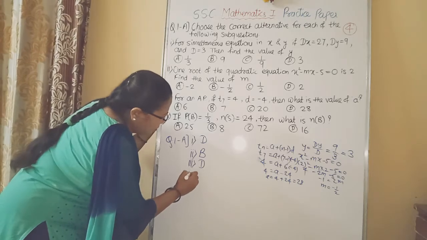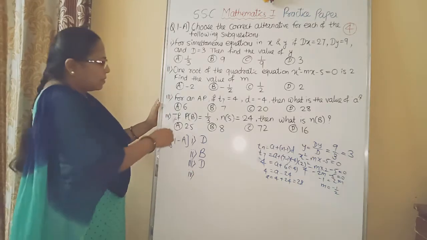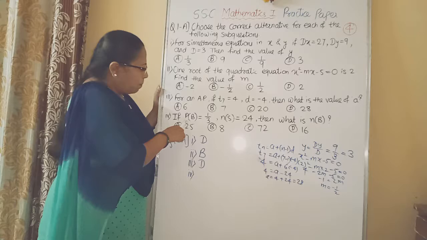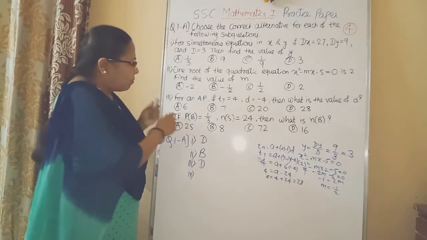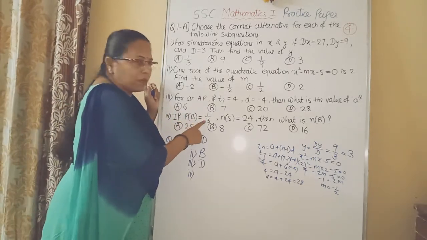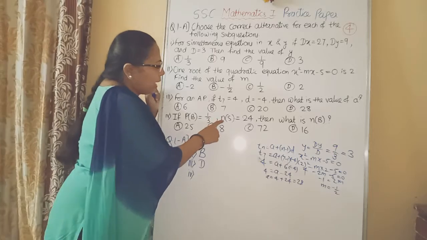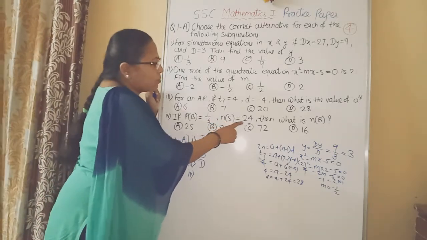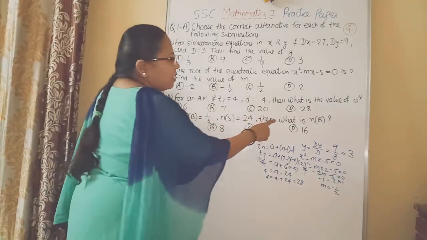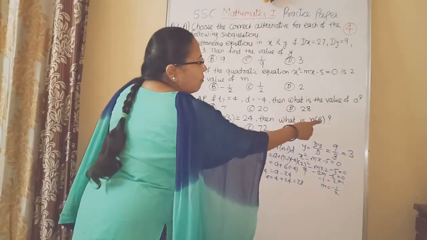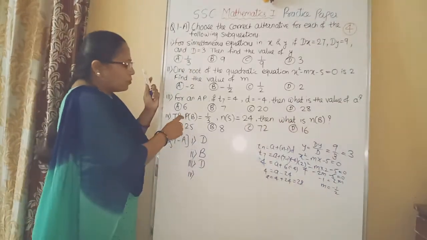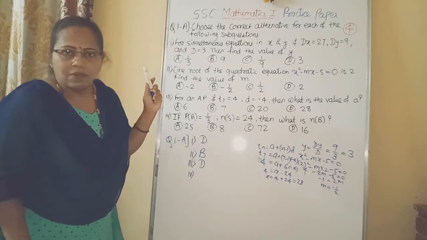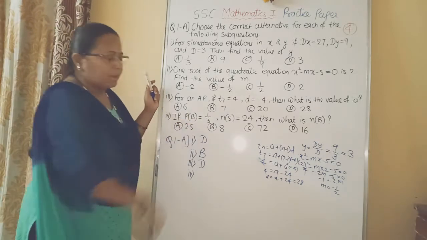Then the fourth one. If P of B, that means probability of event B, is 1 upon 3, and n of S is equal to 24, then what is n of B? So we have to use the probability formula. Probability of event B is given.